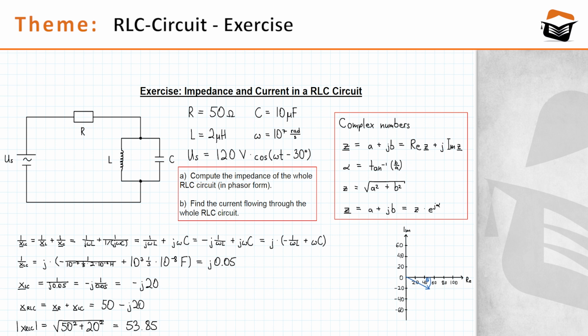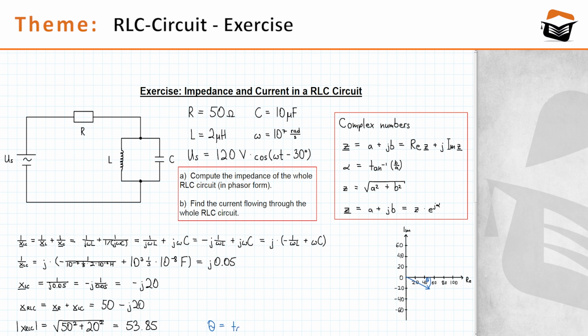And the phase angle theta, let's also compute that quickly. As you can see from the set of equations for complex numbers, the phase angle theta in this case is equal to the inverse tangent of the imaginary part of the complex number divided by the real part, b over a.